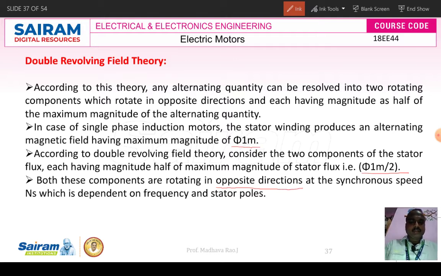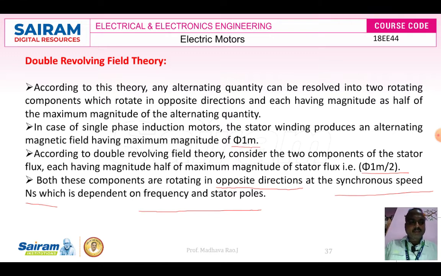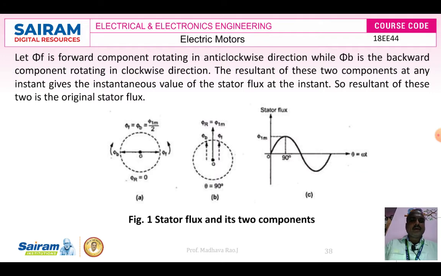Both these components, both these magnetic fields, will rotate in opposite directions at the synchronous speed. The synchronous speed is Ns, which depends on the number of stator poles and the frequency. The two halves we can denote in terms of forward and backward magnetic fluxes.